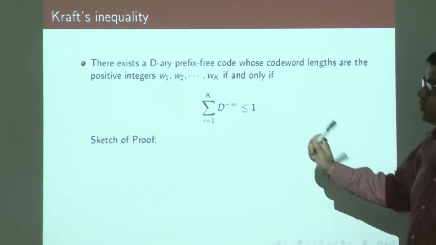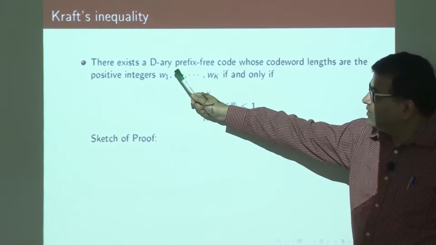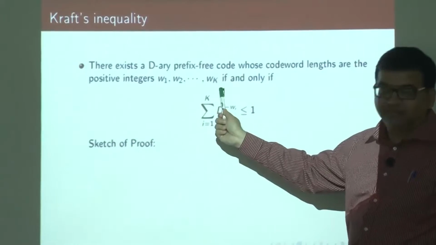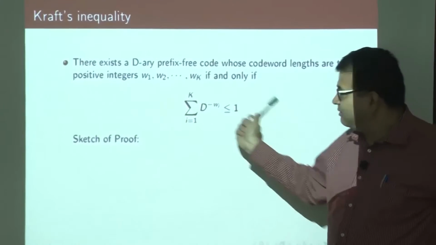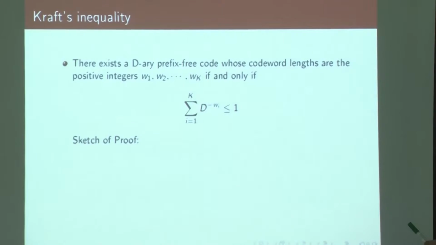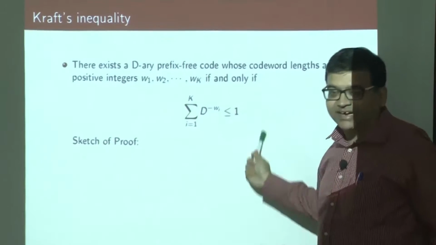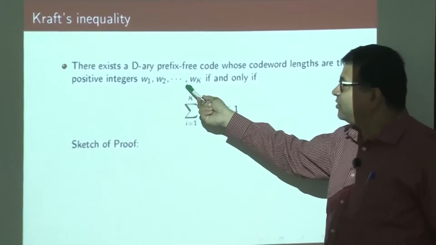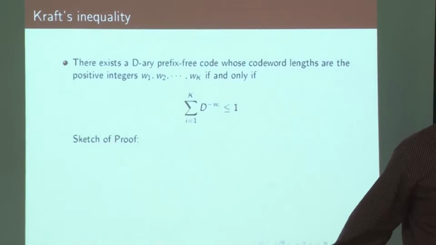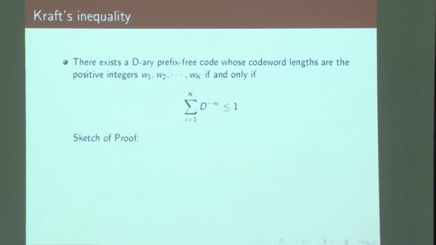It works in both directions. So we will show that there exists a D-ary prefix-free code whose code word lengths are given by this if this condition is satisfied, and then we will show that if this condition is satisfied and there exist positive numbers W1, W2, then the corresponding code is prefix-free.